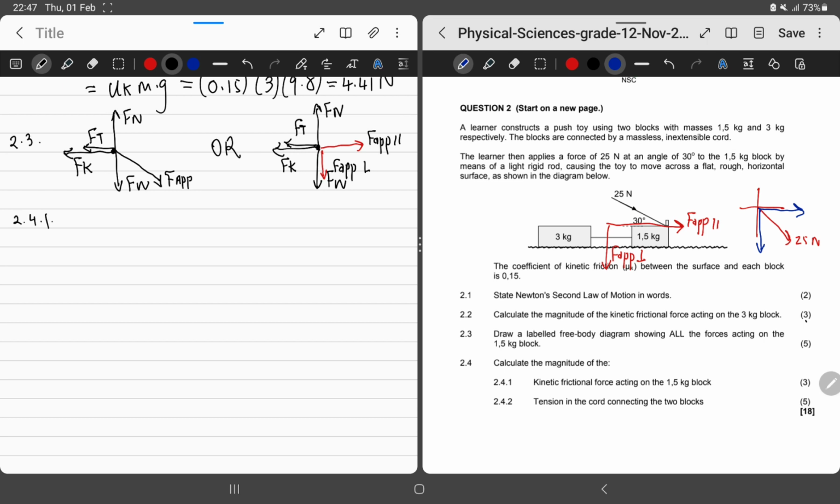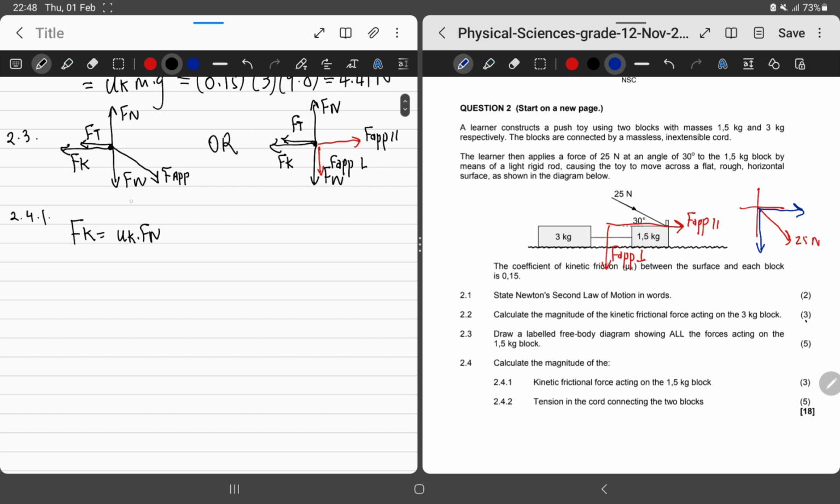Now they are looking for the kinetic frictional force. We said Fk is equal to μk multiplied by the normal force, and the normal force is in the y component. The sum of the forces acting on the y component is equal to 0. I have a normal force there, and then I have the weight in the opposite direction, but I also have F applied perpendicular.